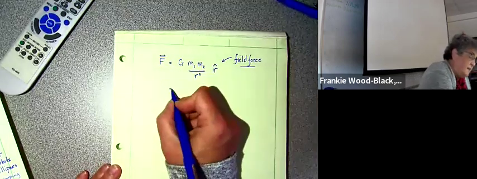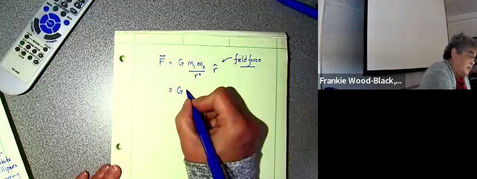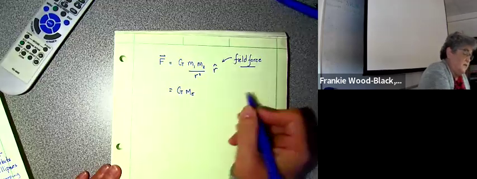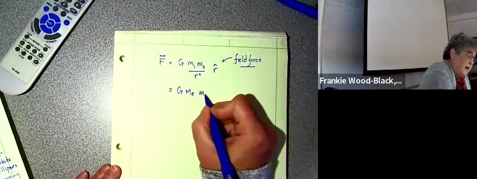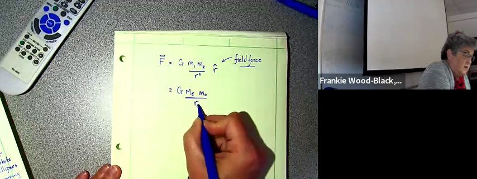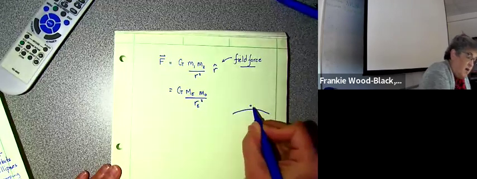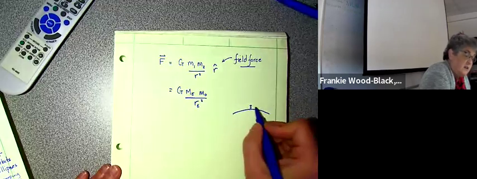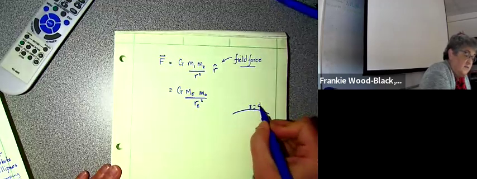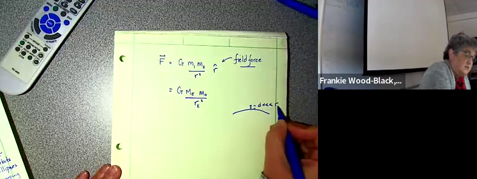If I rewrite this, and I'm using my gravitational constant, and now I'm going to do the mass of the Earth, and now I'm going to do the mass of any object, over the radius of the Earth. So now I'm dealing with, I'm dropping a ball on the surface of the Earth. This distance here is much, much, much less than the radius of the Earth.